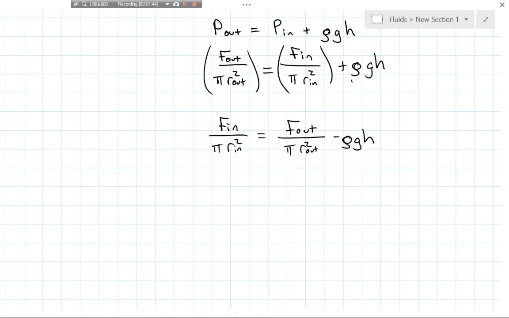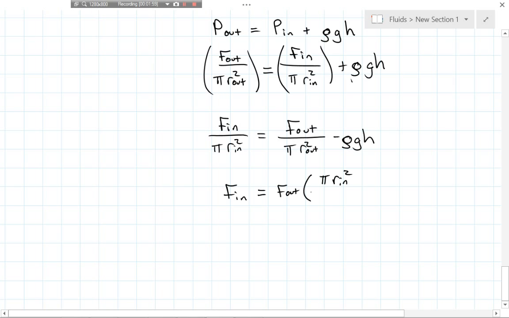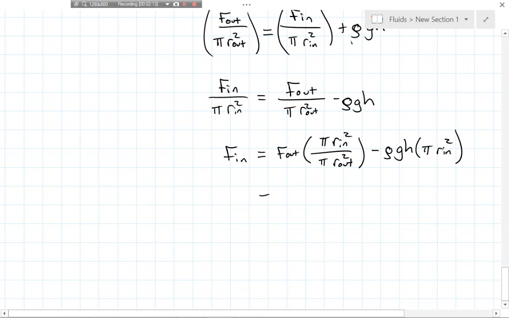And finally, if I multiply off this pi r in squared, I see that the force that we exert on the input plunger is going to be equal to the force that we exert on the output plunger times pi r in squared divided by pi r out squared, minus rho gh times pi r in squared. And now if I just plug all this into a calculator, I see that the force that we have to apply to the input plunger is only 127 newtons.